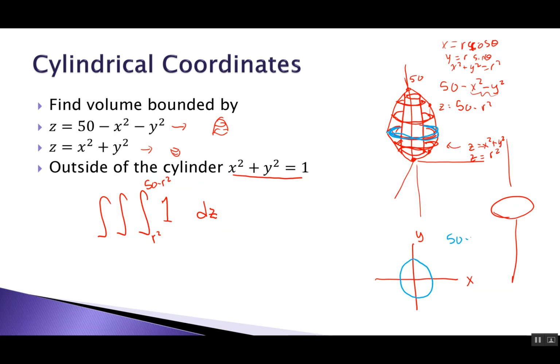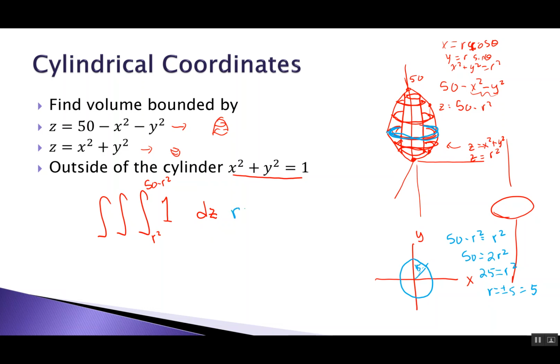So let's find out where those intersect. 50 minus r squared equals r squared. 50 equals 2r squared. And so 25 equals r squared. And so r is plus or minus 5, which really we think of as a 5, because if we have a minus r, it's the same as plus r in the other direction. So r equals 5. This is a circle with radius 5.